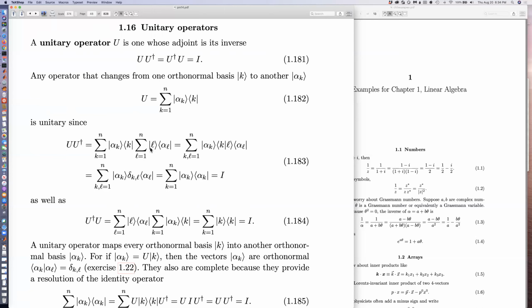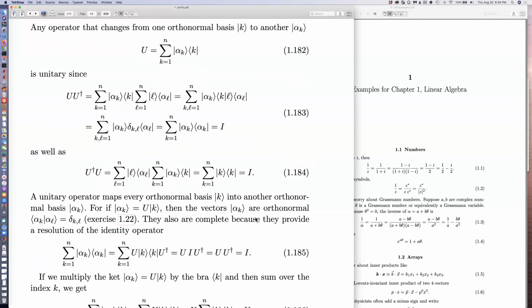And these are orthonormal, so this is the Kronecker delta, and we just get that. That's a representation of the identity operator. If we go the other way, we have U adjoint U, and these are orthonormal, so we have a sum over K, which is again the identity operator.